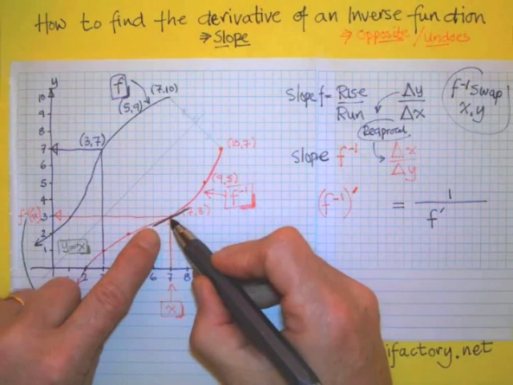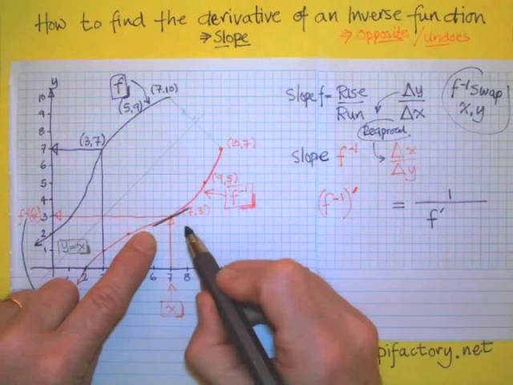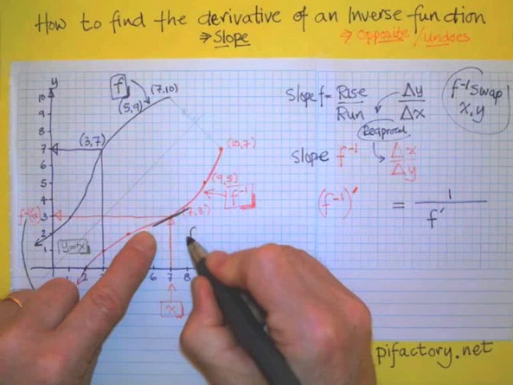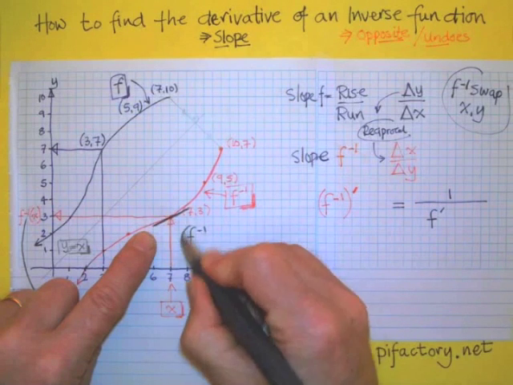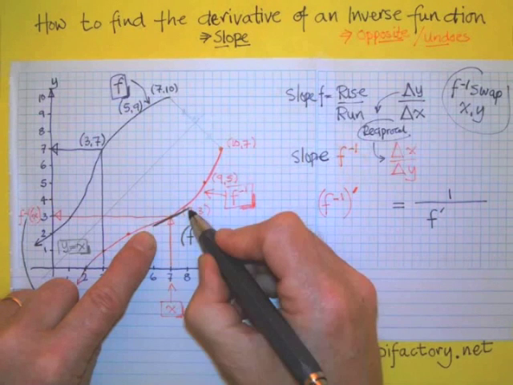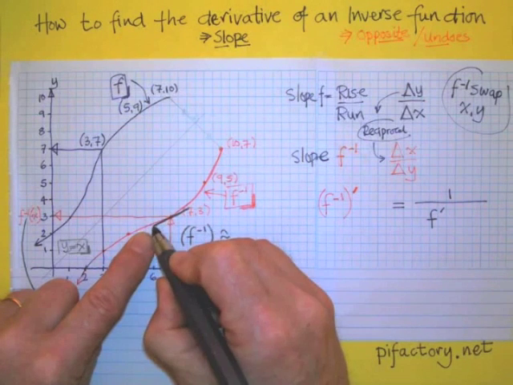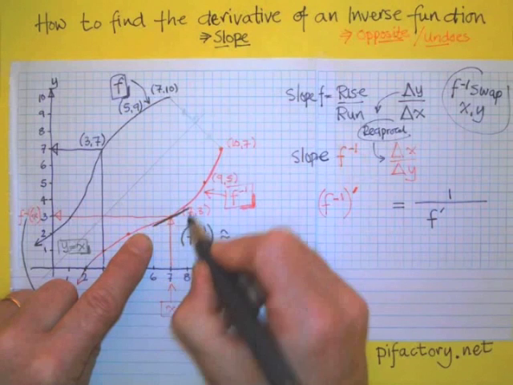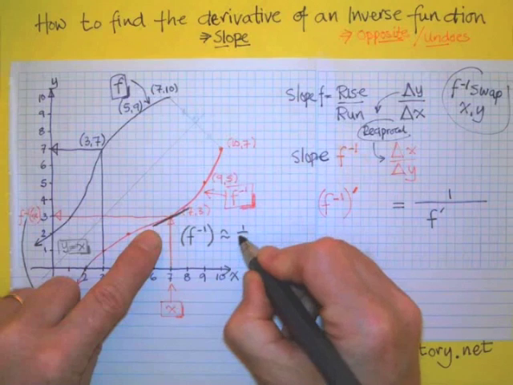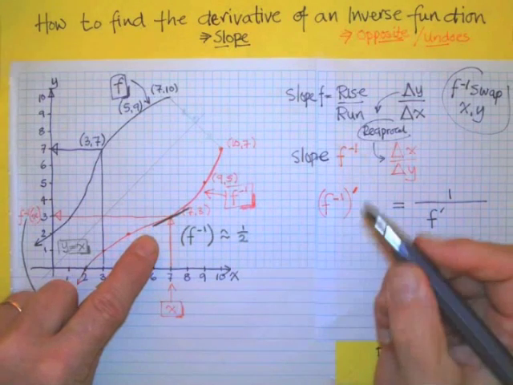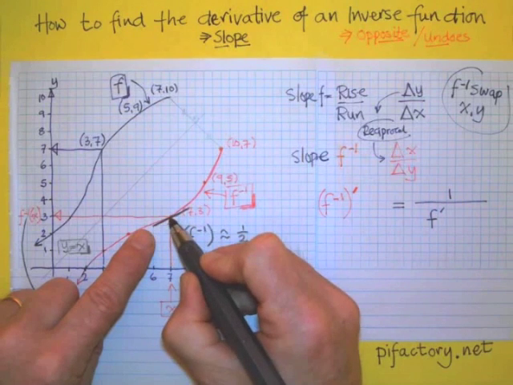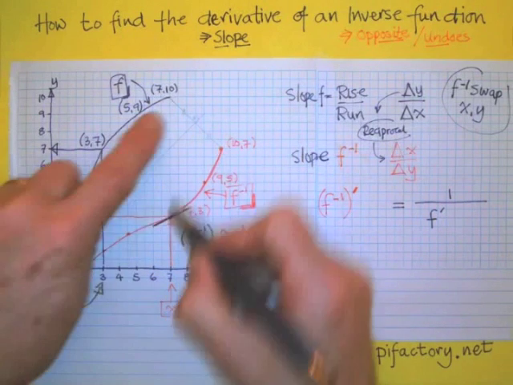And we can see at this point that the slope is going to be roughly 2 over 4. So it's going to be roughly 1 over 2. Roughly, that's the instantaneous slope at that point.